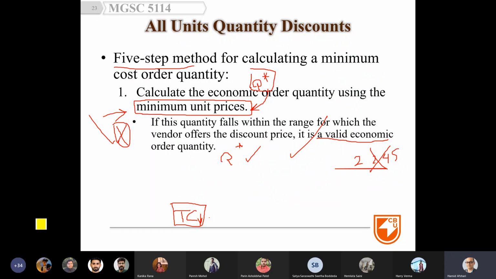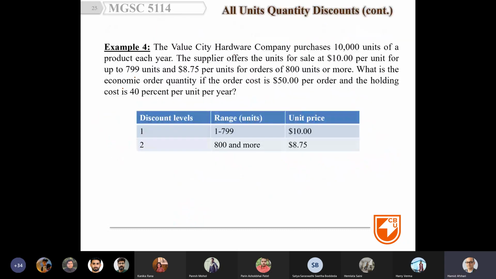So what is the question? The Value City Hardware Company, or any company, purchases 10,000 units of the product each year. So what does 10,000 represent? Inventory. So what does 10,000 mean?